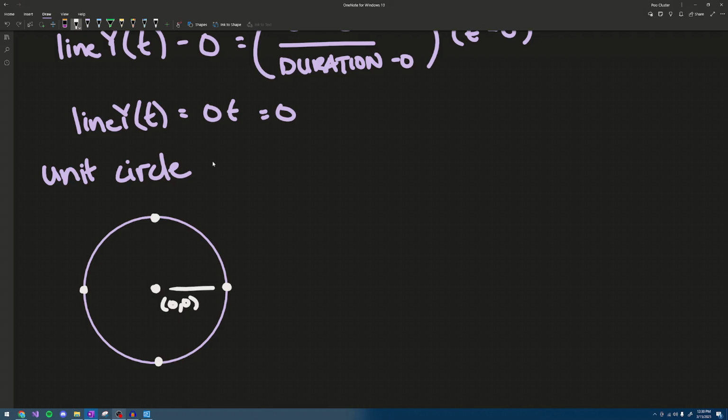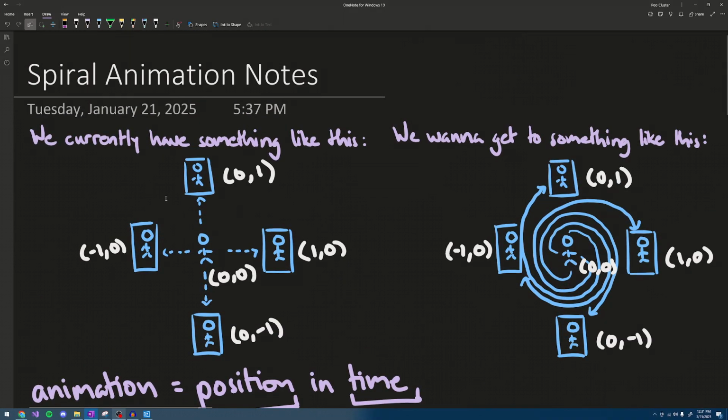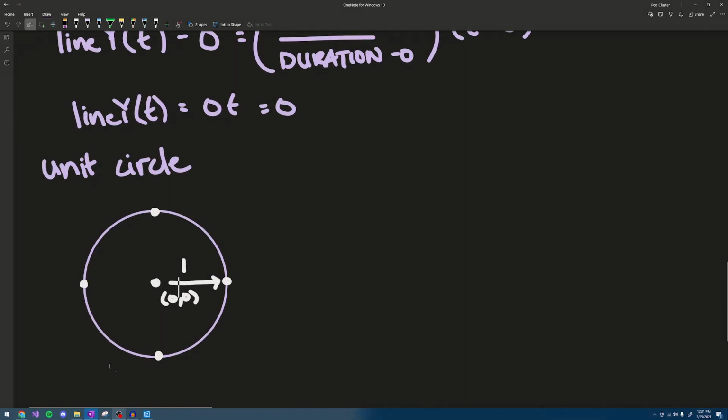The reason it's called a unit circle is because it is always 1 away from the origin. The radius from the origin to any point on the circle is 1 away. And this works really well with our example because our drawings here show that we are going from the origin to 1 away. The target is always going to be 1 away. Our unit circle really helps out with determining this point.